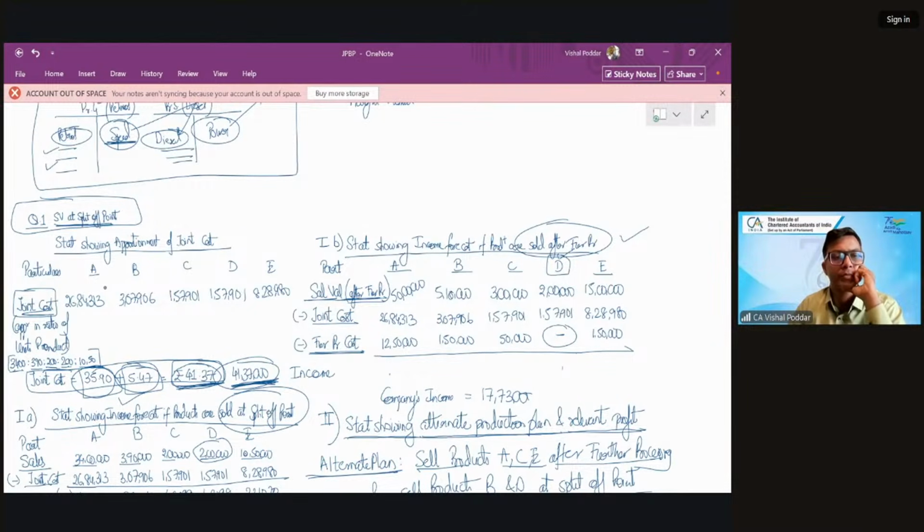Which world? We are solving the sum by the second method, which is the sales value at split off point method. Harsh, I hope now you are clear. This is the second method going on. Yes, Harsh.